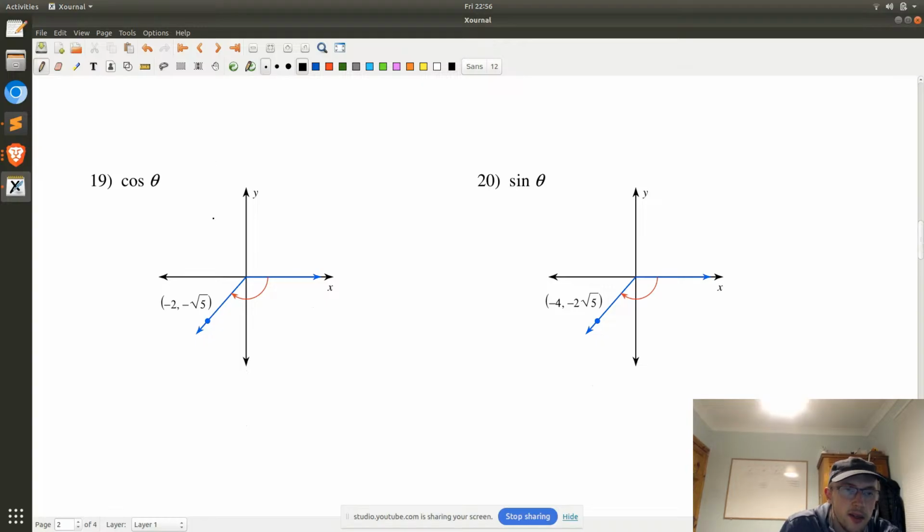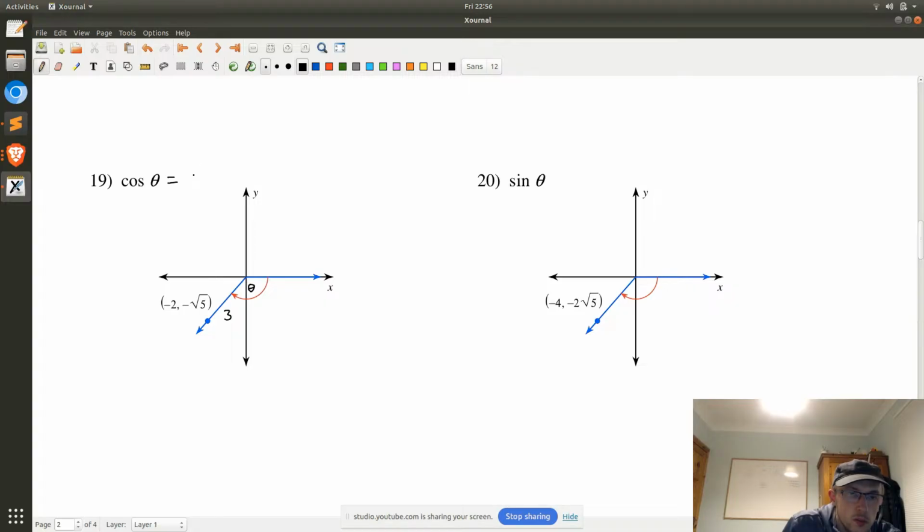Okay, cosine of theta in this case. Let's get the hypotenuse. 4, 5, stick them together. You get 9. Square root that. You get 3. And we need the cosine of this theta here. So, using the definition, adjacent divided by hypotenuse.